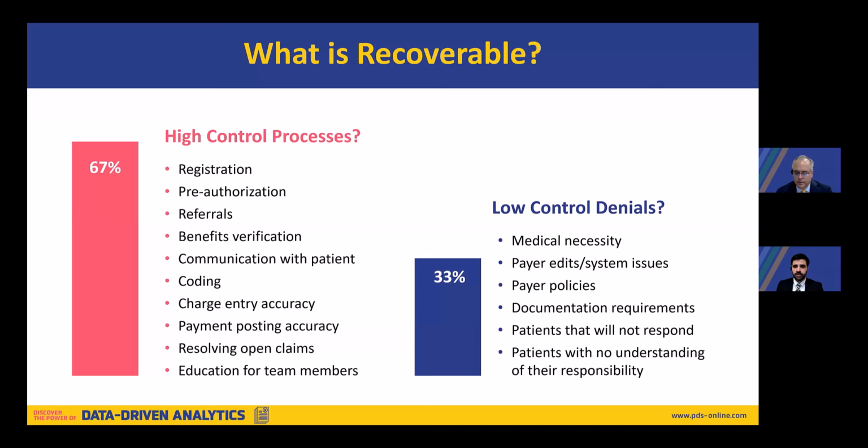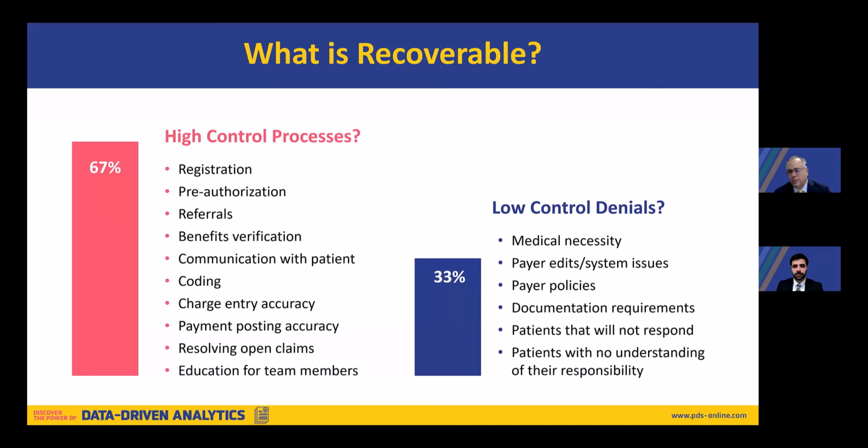Russell, did you want to talk to the low control denials maybe? Yeah. So, again, high control, low control, going back to that for a second, the more control we have, the better we can manage preventing denials, and we can have more understanding of how we can fix those things that we're impacting and potentially self-sabotaging.